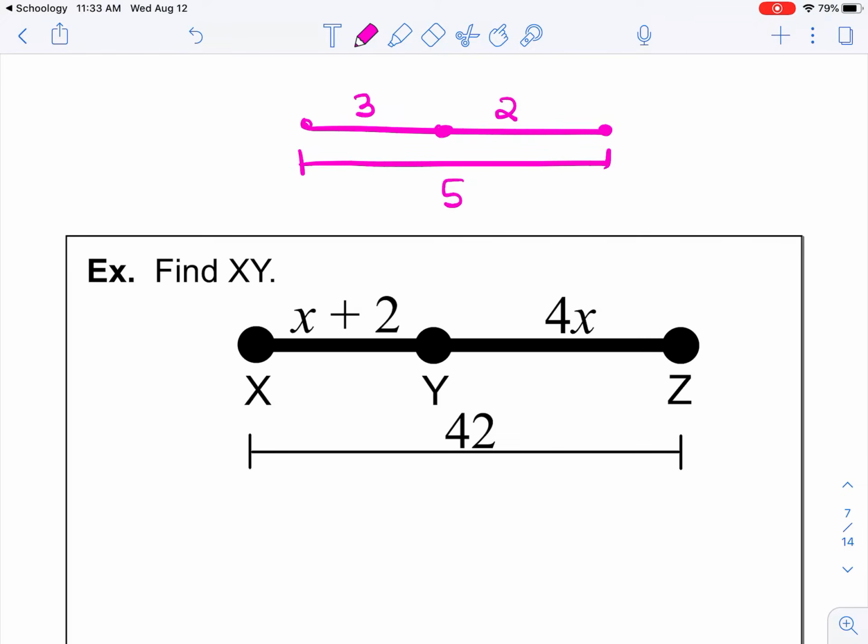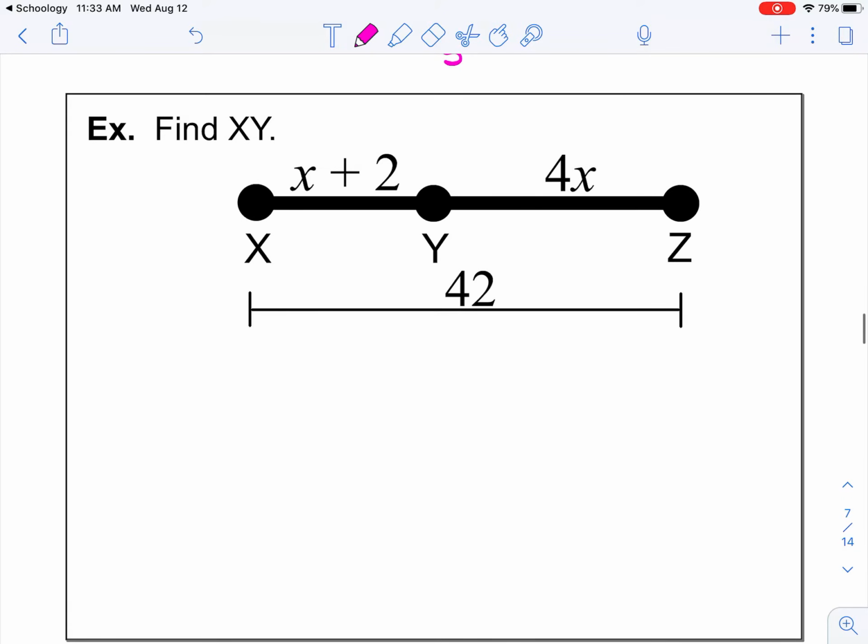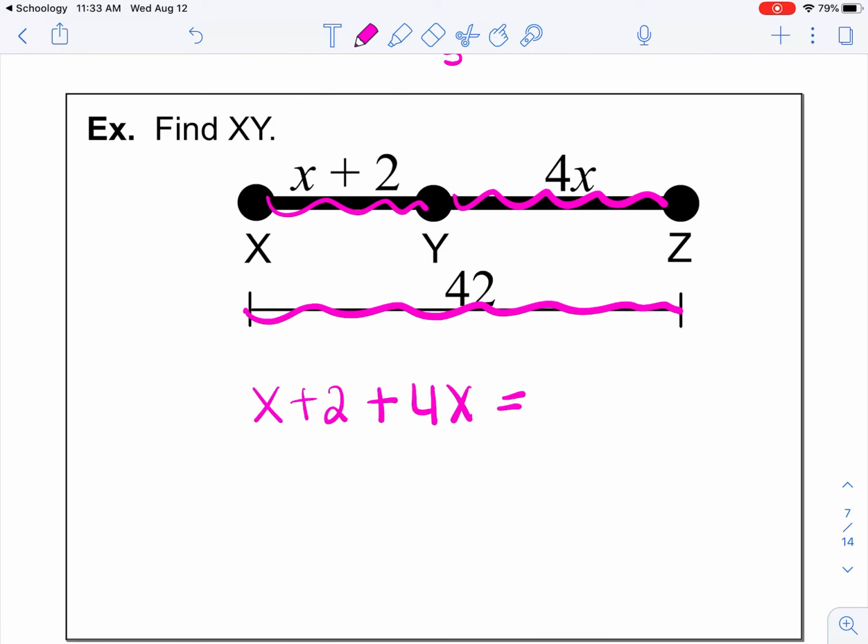The answer is 5, because this plus this is equal to this. In other words, this, which is X plus 2, plus this, which is 4X, is equal to the whole thing, which is 42.